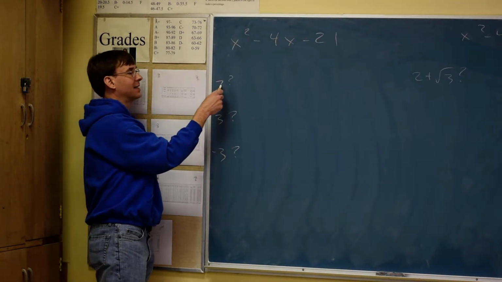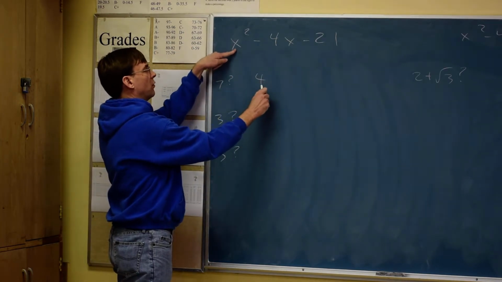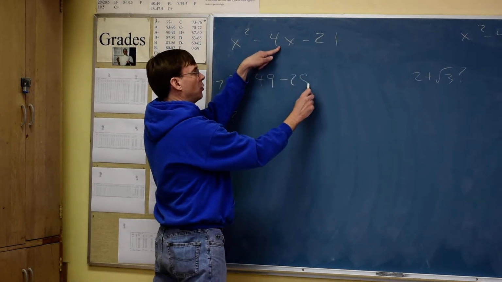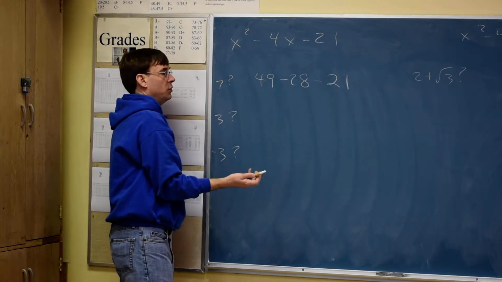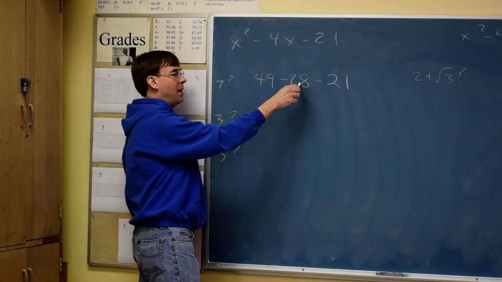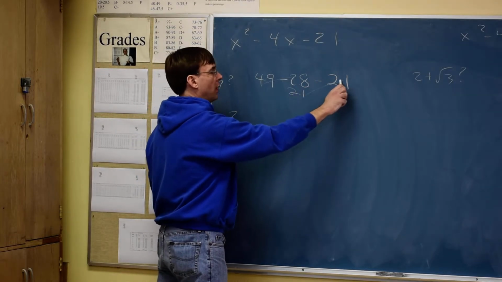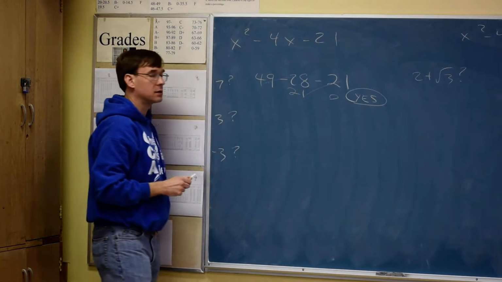So if I want to check to see if 7 is a root of this, 7 squared is 49, minus 4 times 7 is 28, minus 21. Do the math. 49 minus 28 is 21, minus another 21 is 0, so yes.